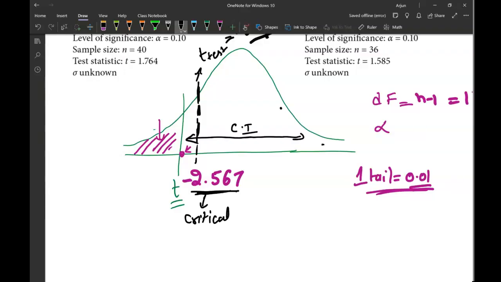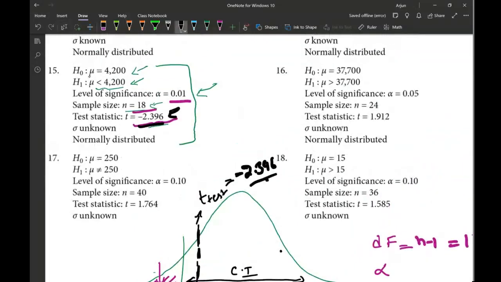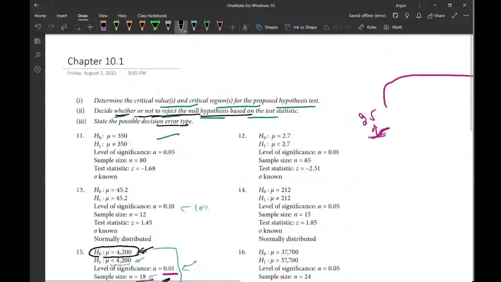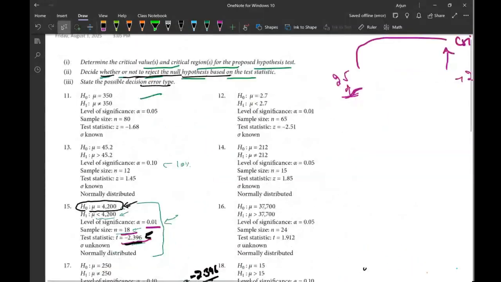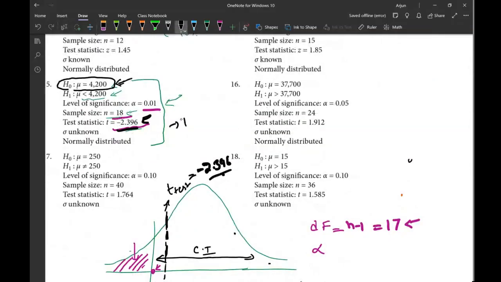So if this is the confidence interval region, I cannot reject the null hypothesis. So I'll keep the null hypothesis. So if I cannot reject the null hypothesis, you can decide what kind of error this is. It will be a type 2. If you cannot reject the null hypothesis, it's a type 2; if you reject it, it's a type 1.